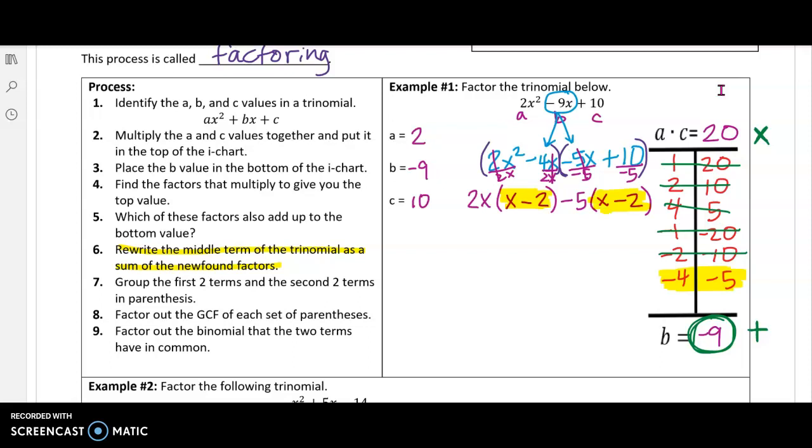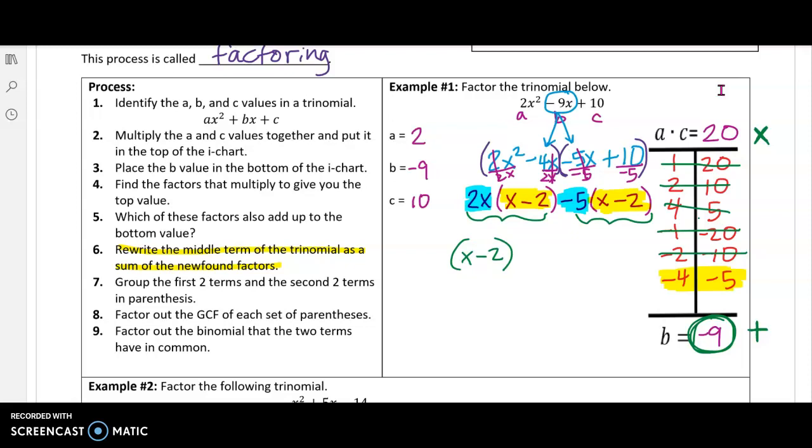So what's really happening here is that we have two terms. This is a term, minus, and then this is a term. And since they both have something in common, x minus 2, I'm going to factor out that x minus 2. I'm factoring it out of both terms. And what is really remaining if I were to take away the x minus 2 from both of them?